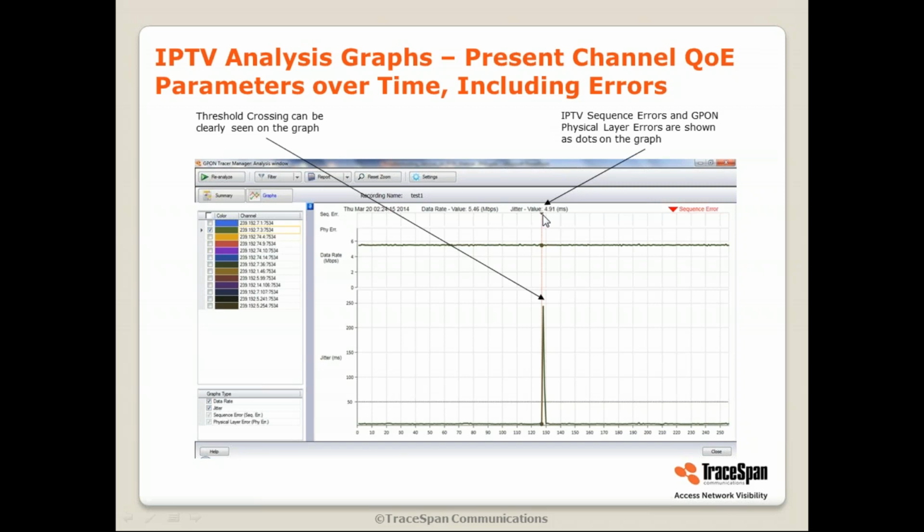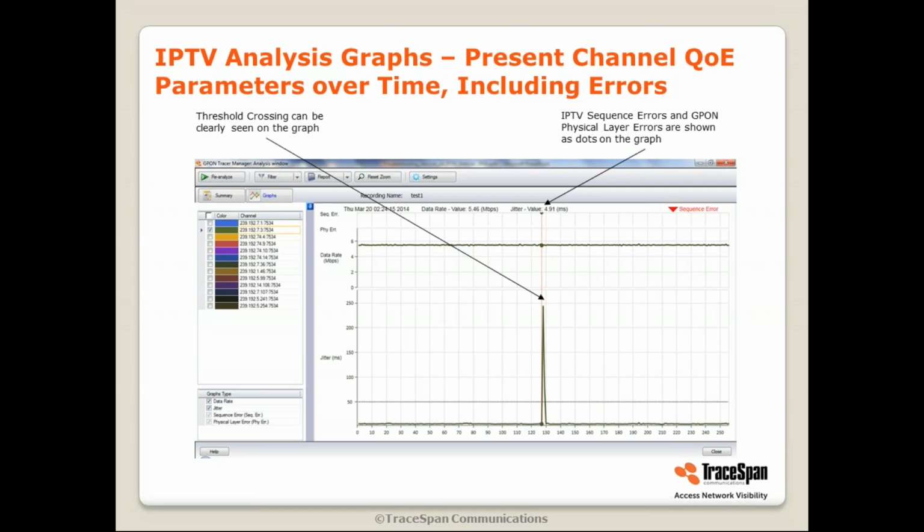Now, since multiple channels had the exact same problem, it's either a problem on the PON, on the fiber network, or in the backbone. Since we also have an indication about physical errors on the PON, and we're seeing a sequence error but not any physical error, then most likely it's not a PON-related issue. It's something in the backbone or in the IPTV server itself.